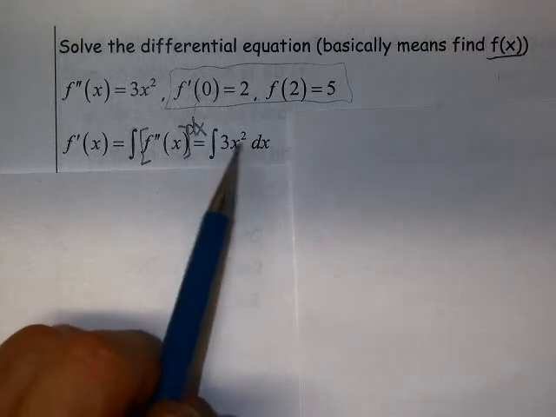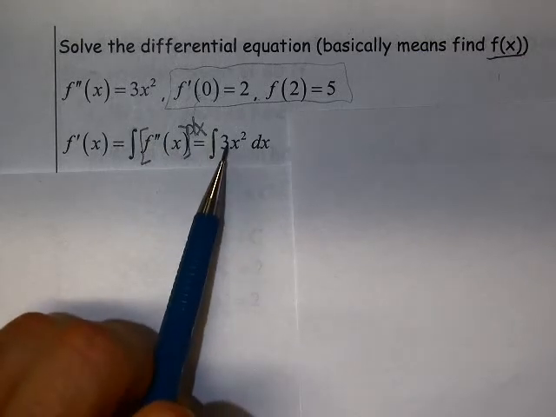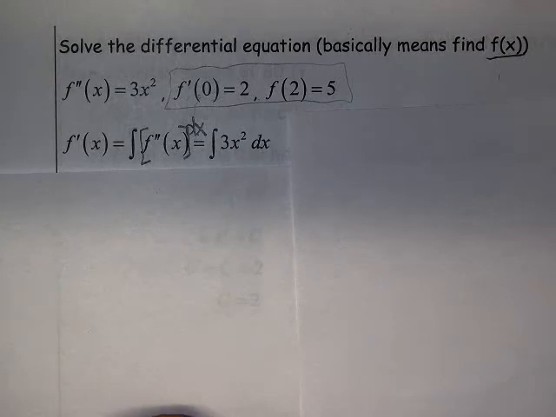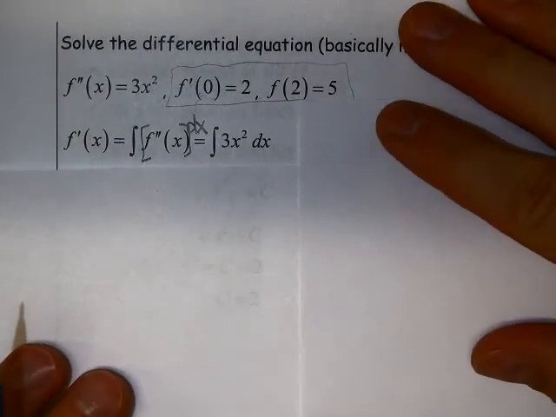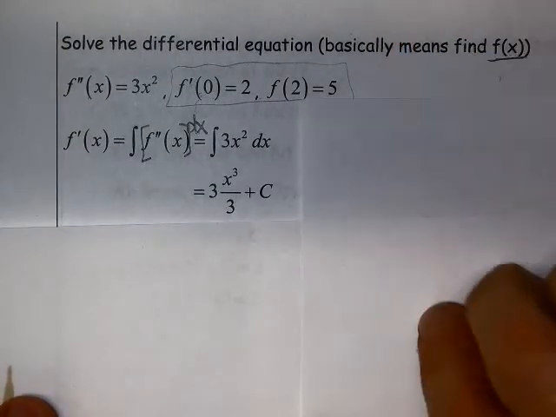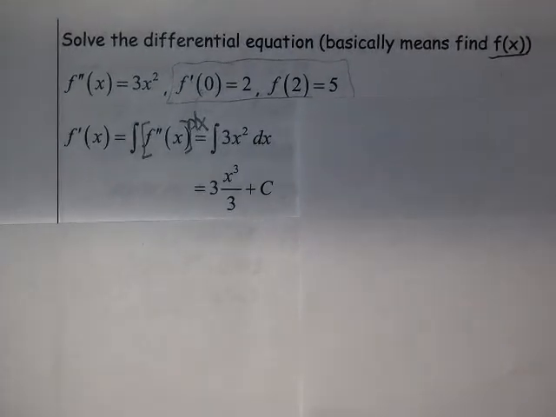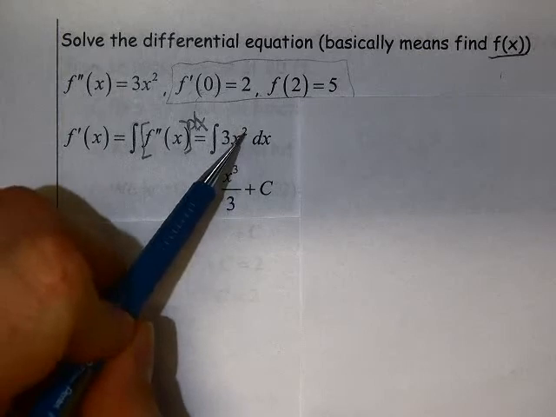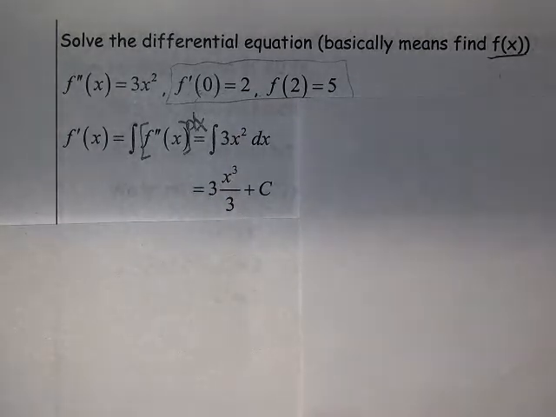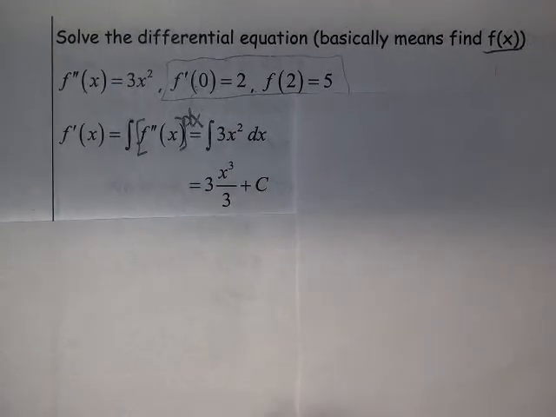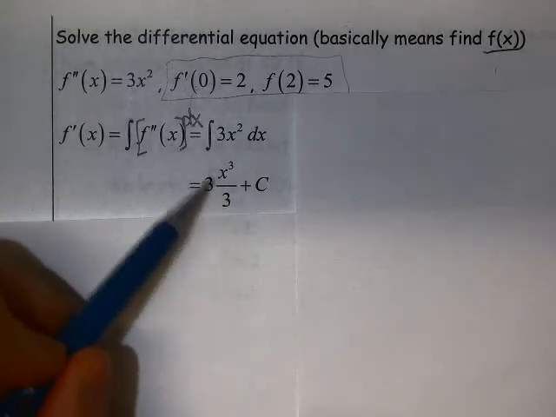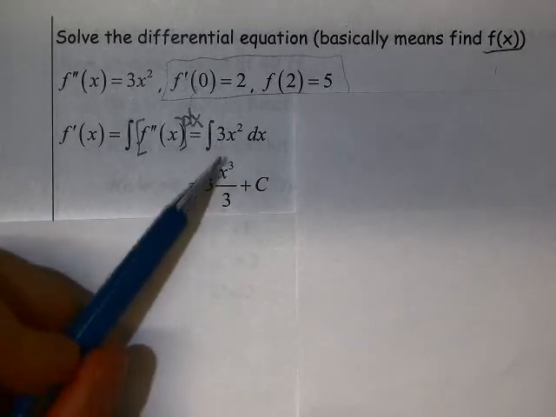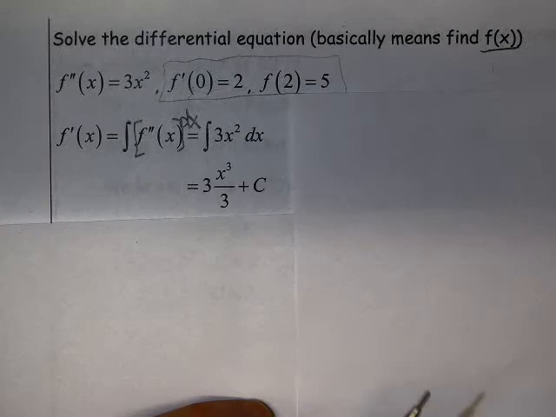F double prime is 3x squared, so it's the integral of 3x squared dx. Now, as soon as we actually take the antiderivative, which I've done here, notice I just keep that coefficient in front. I take the x squared, I add 1 to the exponent, and I divide by the new exponent. Notice that I haven't bothered to simplify this yet. Take the time to do this in a couple steps so that you don't get confused.